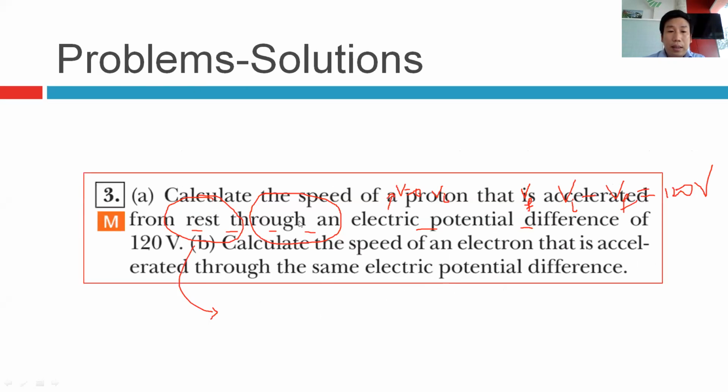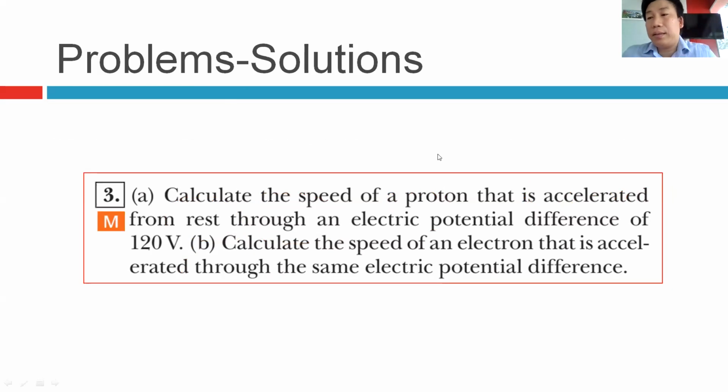So let me look at question B. They ask you to calculate the speed of the electron. It's the same as the question with the proton, but this is the electron. Remember that the electron will move in the opposite direction to the proton. So the problem is opposite, but the formula you apply is the same, right?